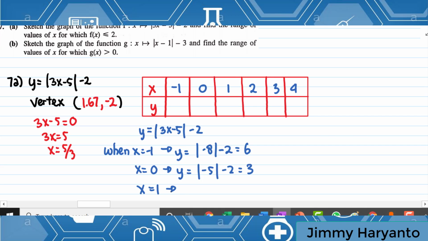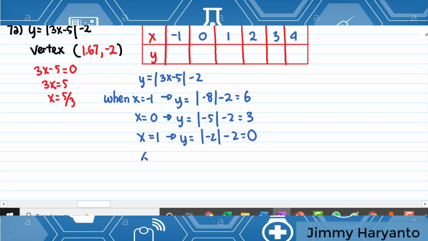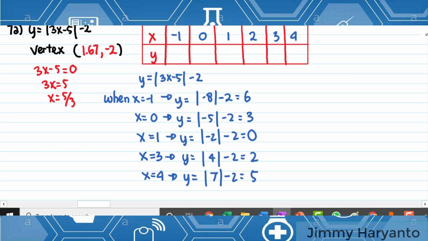When x equals 1, y will be 3 minus 5, -2, absolute value 2, minus 2 equals 0. For x equals 3, y equals 9 minus 5 is 4, minus 2 equals 2. And then x equals 4, y is 12 minus 5 is 7, 7 minus 2 equals 5. Okay, let's plot.